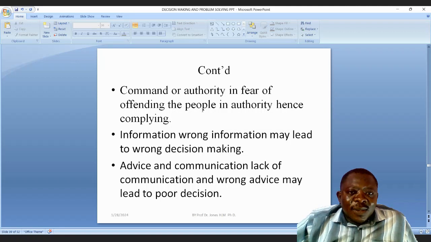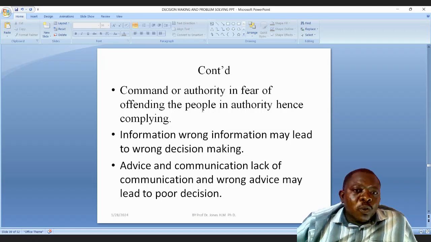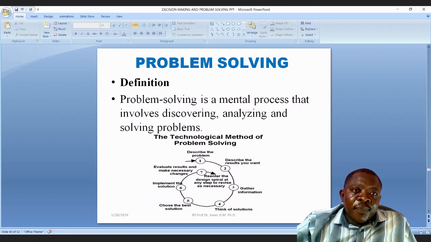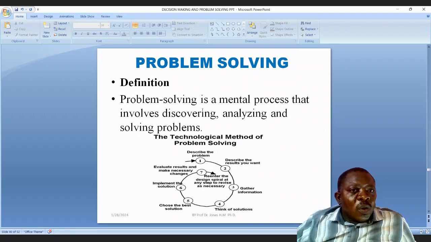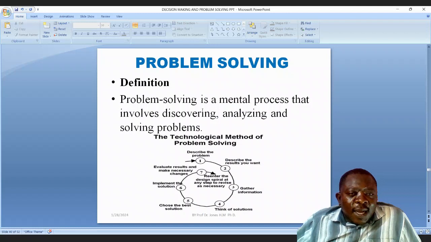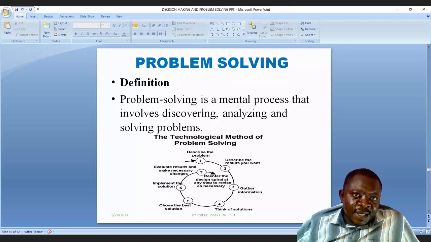Then information which is wrong may also lead to wrong decision making. And also the advice and communication. If there is lack of communication and wrong advice, it may lead to poor decisions. So those are some of the factors that may influence decision making.